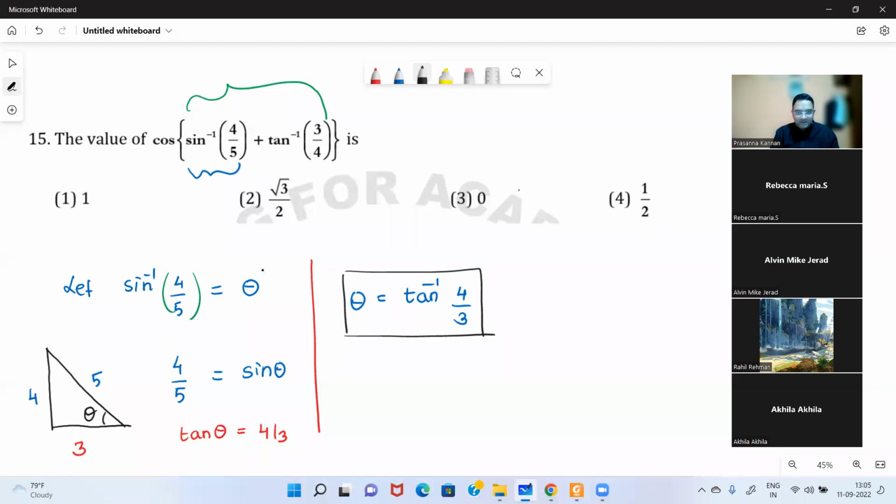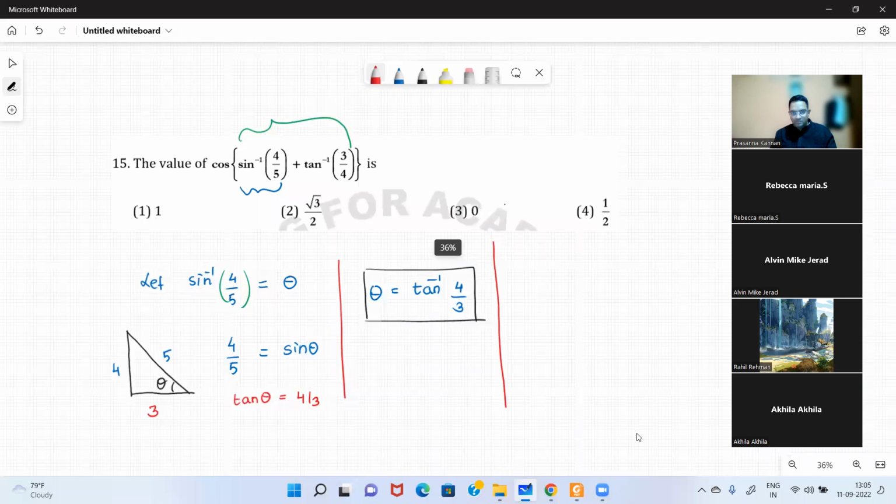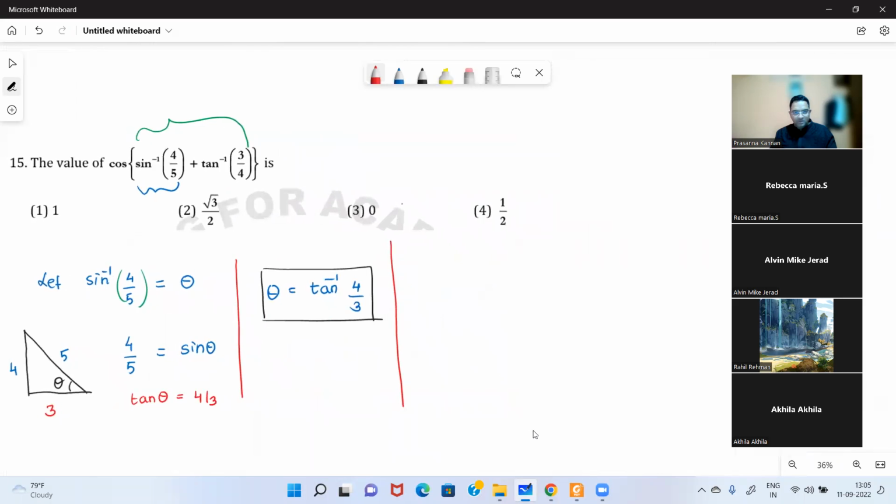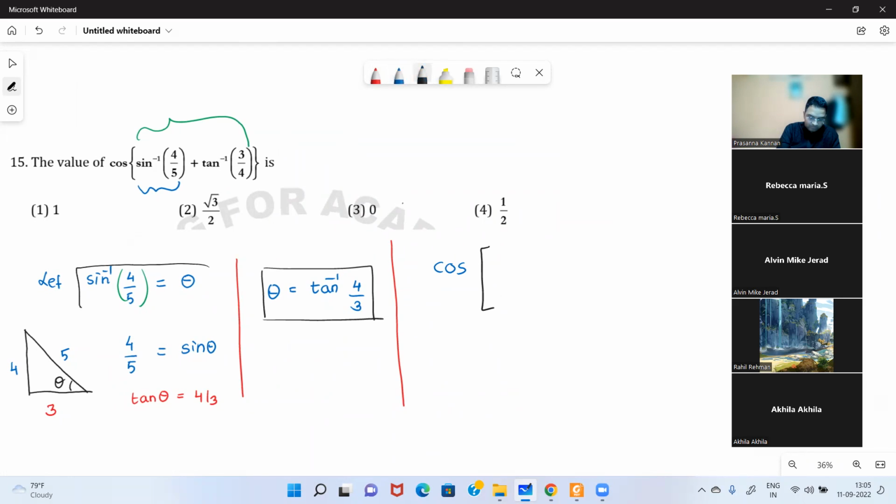So now let's come back to our question. What is our question? Cos of sine inverse 4 by 5 plus tan inverse 3 by 4. So what is sine inverse 4 by 5? Theta.